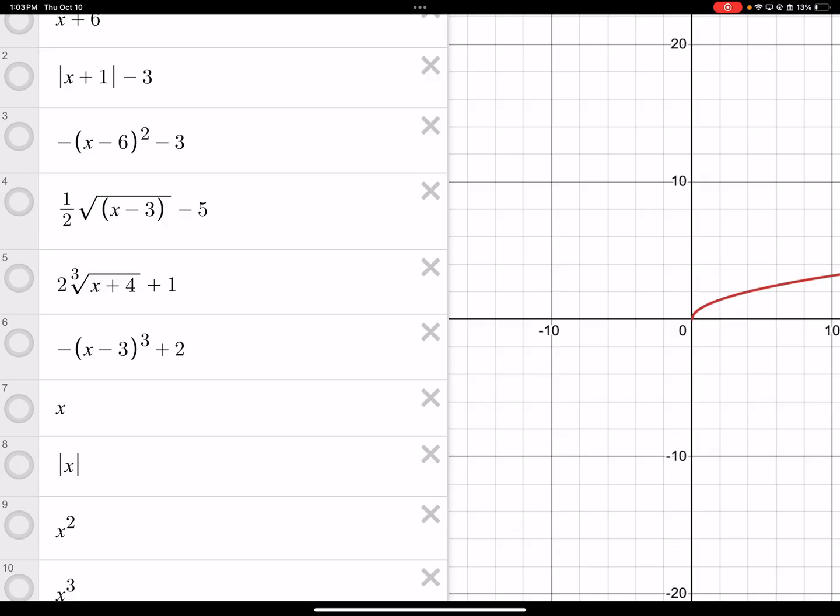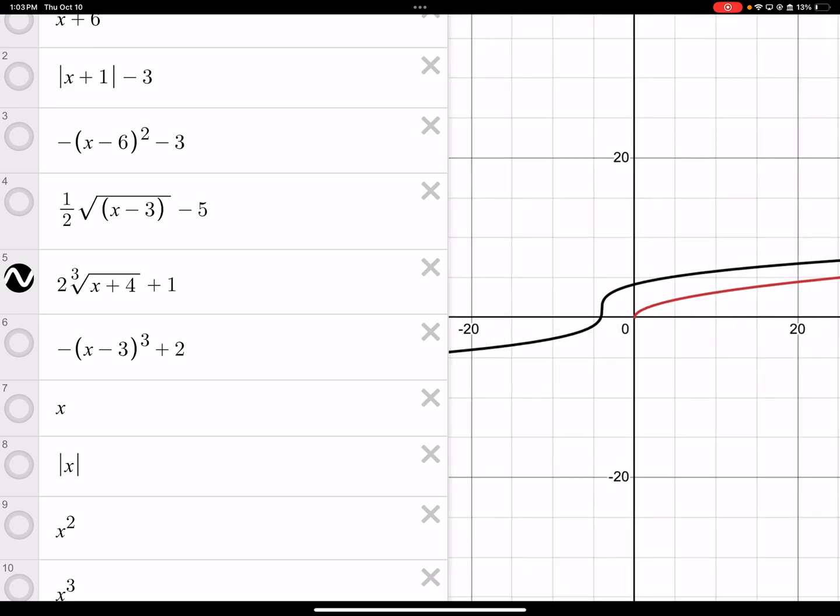And it's going left 4 and up 1. So if we just want to know what it is, it's cube root, left 4, up 1. That's the translation. You're done. You move on to the next one. If you want to know what it looks like, there's what it looks like.